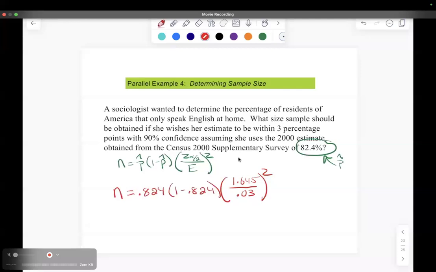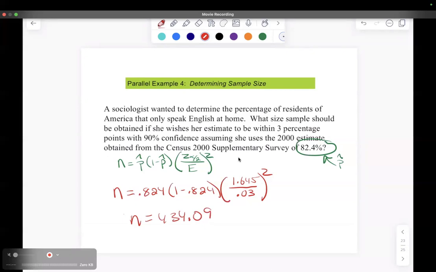Okay, let's try it again. 0.825 times 1 minus 0.825. Oh, that's what my problem is. I didn't use parentheses. Times parentheses 1 minus 0.825 times 1.645 divided by 0.03 squared. There we go. So I got n equals 434.09.